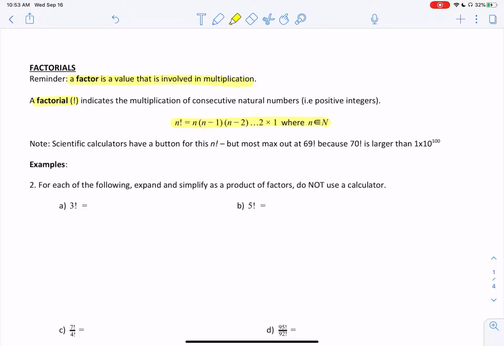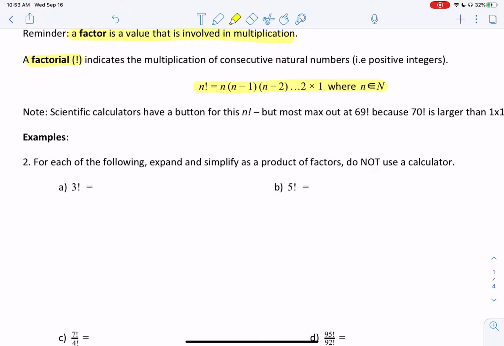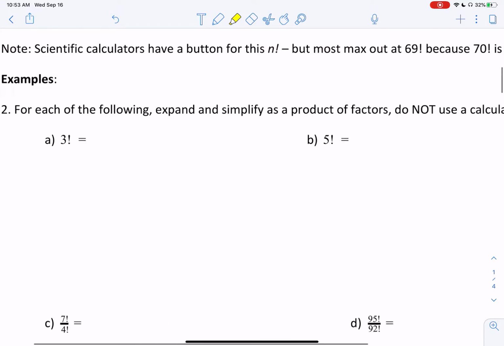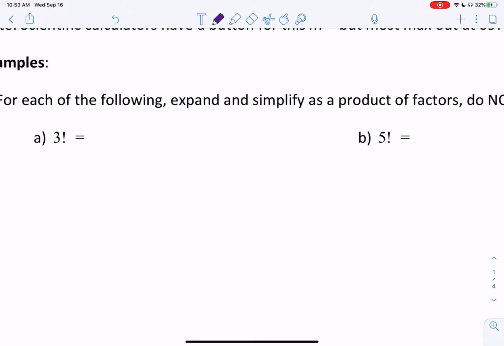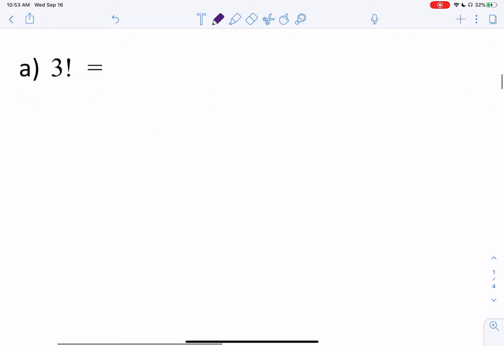So let's start with a few examples. So we're going to do each of these as a product of factors, and we're not going to use a calculator here. Or at least we're not going to use the factorial button. I want you to actually see how the factorial works out. So this first one here, we have 3 factorial.